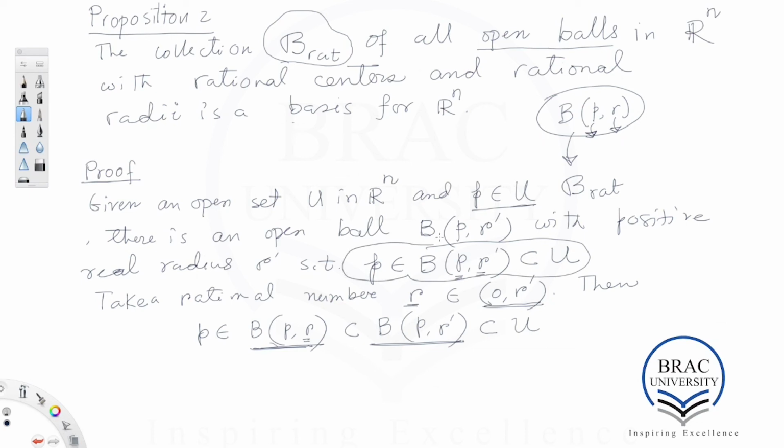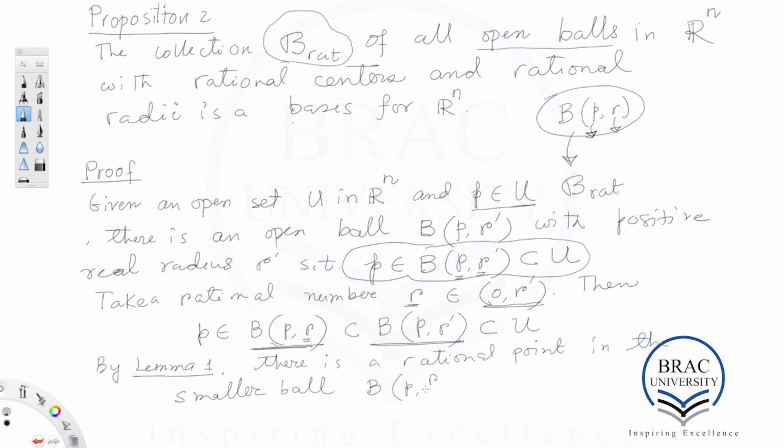Now, by lemma 1 that we proved a while ago, we can say that there is a rational point in the even smaller ball B(P, R over 2).